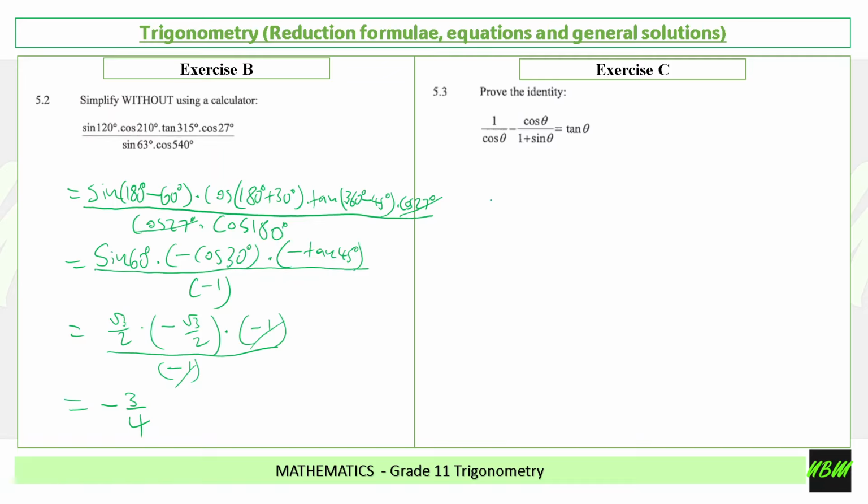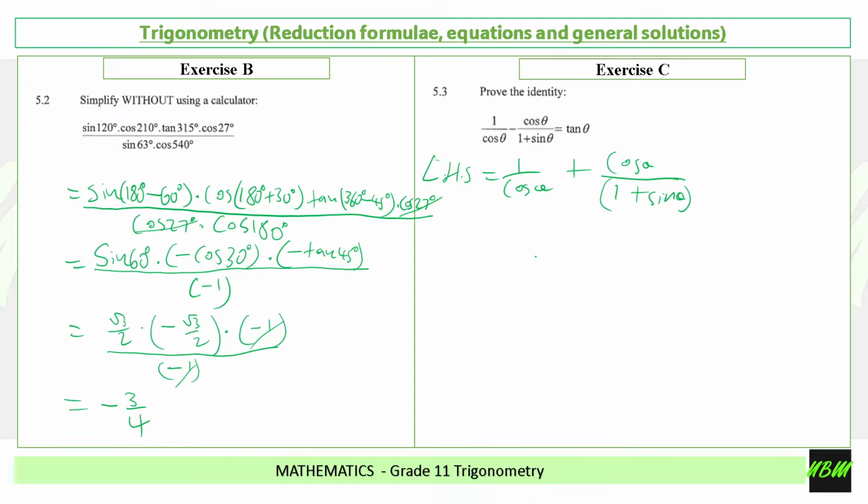Right, now moving to 5.3, we have to prove the identity: 1 over cos theta minus cos theta over 1 plus sin theta is equal to tan theta. So let us choose a side. The left hand side is equal to 1 over cos theta plus cos theta, all divided by 1 plus sin theta, and let's put 1 plus sin theta inside the brackets.